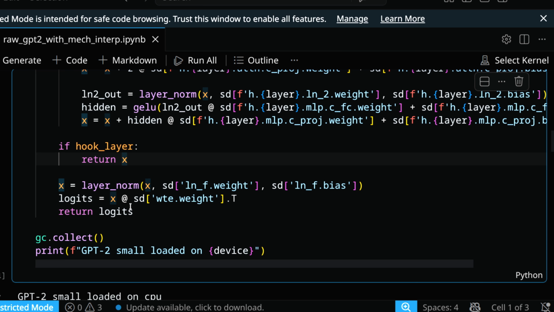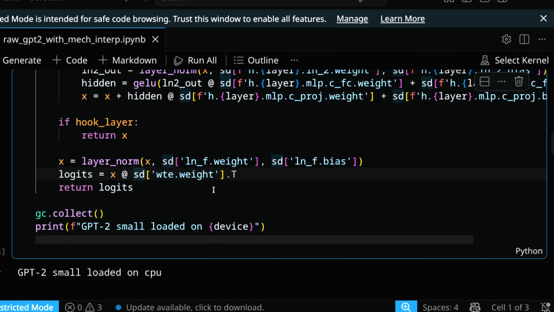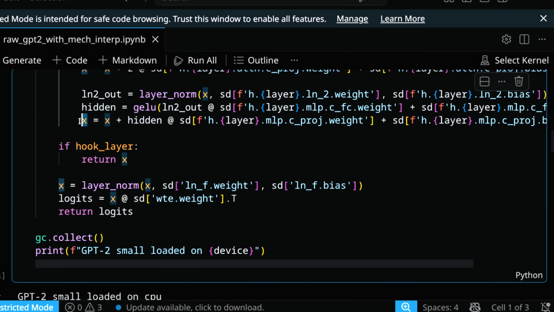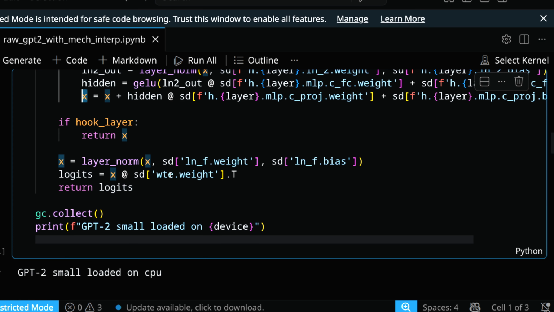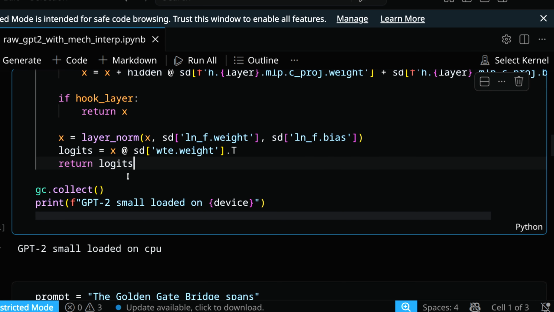Then it takes the weight token embeddings that were from before, and it transposes them to convert to the right shape again, and it matrix multiplies the output that just got squished down with this so that it converts it into the logits, and this ends up being the prediction, which would be, for example, a giant list of numbers, or a tensor vector, with lots of numbers in it.